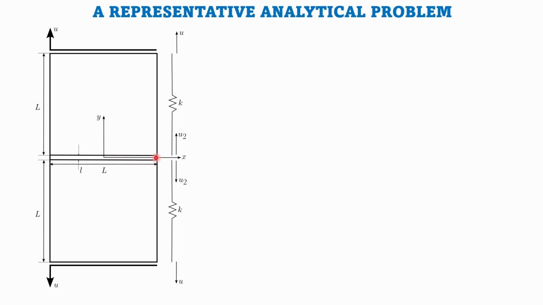Think of it like this: you take this block and this block and you stick them together with glue. I am saying glue for some qualitative reasons, but it need not be glue. You just stick them and then you pull them on both sides. We take the thickness of this small layer as L, and this is our axis.